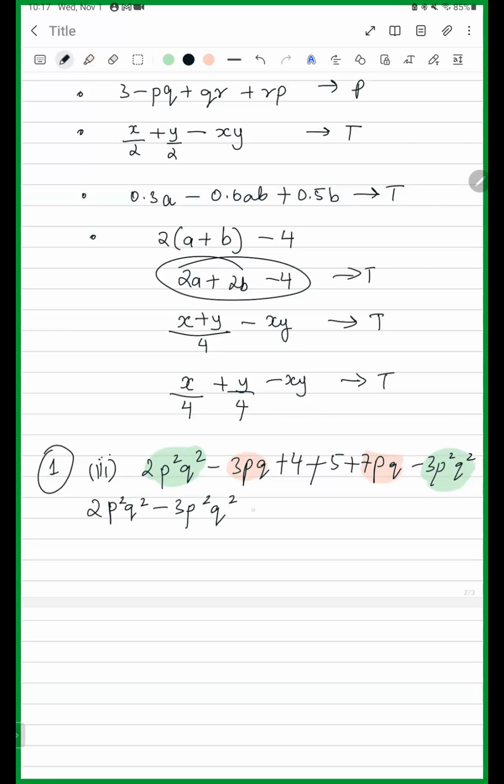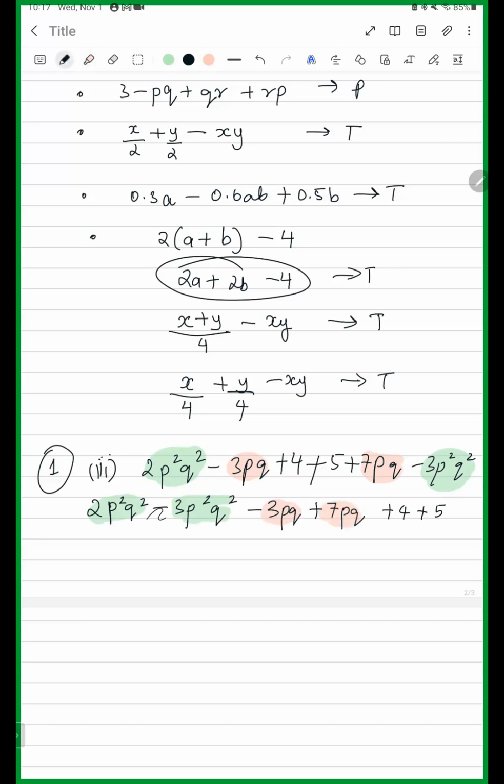Brackets are not wrong, you can do that as well. But even without the brackets, you can do it. You have to just rearrange the terms and bring the like terms together. Remember, we used to do this in seventh grade also.